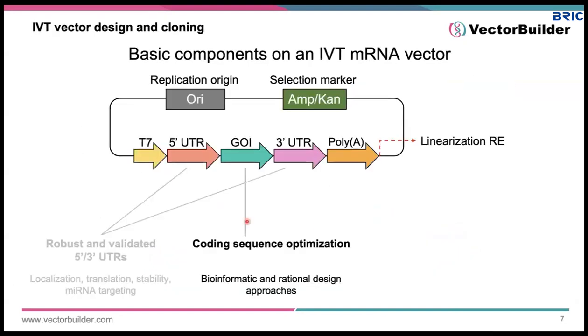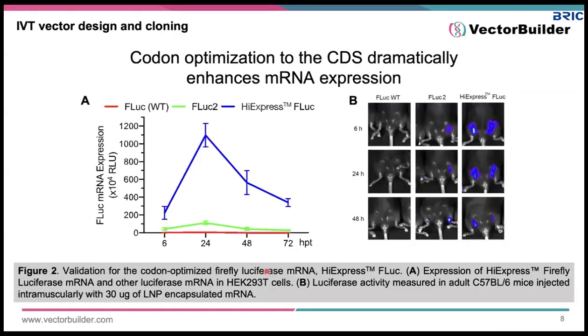So the next component is your coding sequence for the gene of interest. And proper coding sequence optimization can really enhance the expression of the mRNA molecule. Here's a good example. In this experiment, we use a reporter mRNA that codes for a firefly luciferase or FLuc.